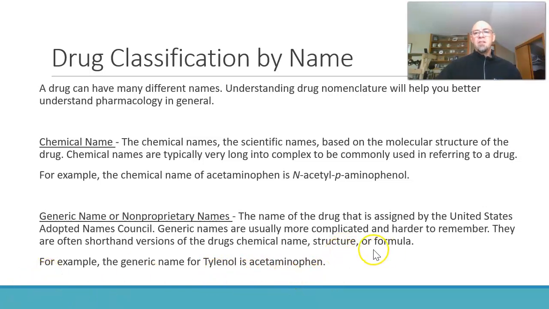So this name is specific to an assigned name by the United States Adopted Names Council. And so we are able to use this name with other brands or other companies making it. So more than one company can now use acetaminophen. They can sell acetaminophen. They just can't use that brand name that we all know of, Tylenol.